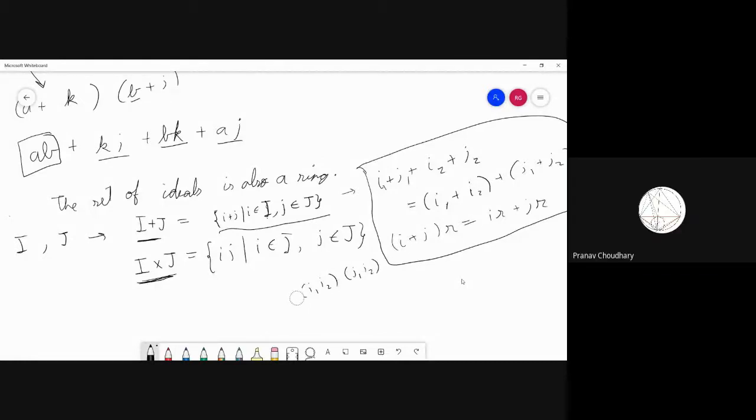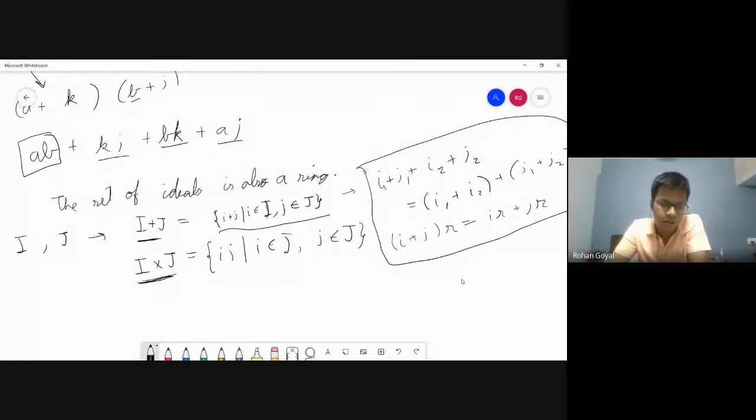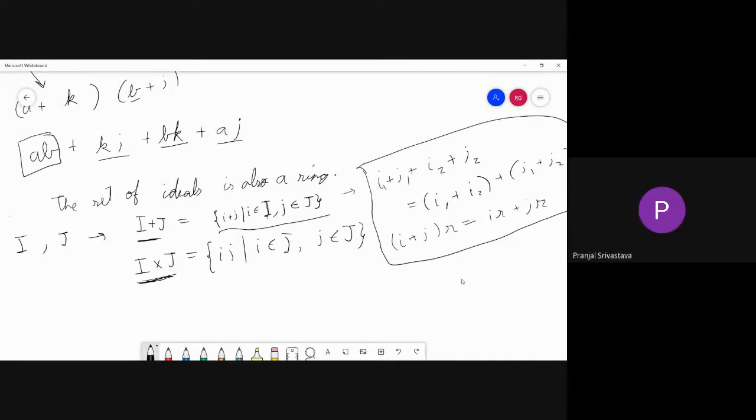By the way, A union B also works, no? Why won't it work? You can define it that way, but that is not actually a good definition for our purposes. Union isn't an ideal. Consider Z and consider all even numbers and things divisible by 3. That's not an ideal.